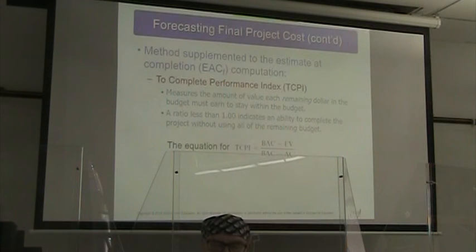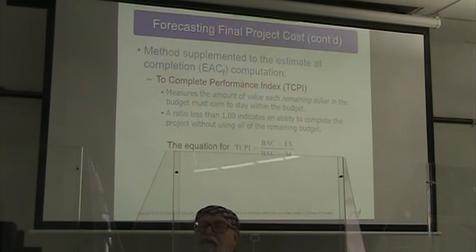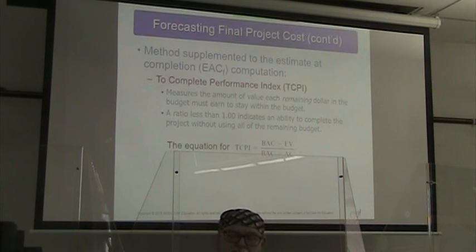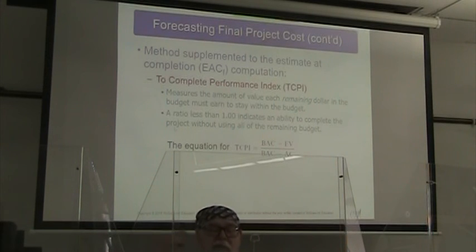We have the to complete performance index. We measure the amount of value for each remaining dollar in the budget that it has to earn to stay within the budget. So if we get a ratio less than 1.00, that means we can complete the project and we won't use up all the budget.